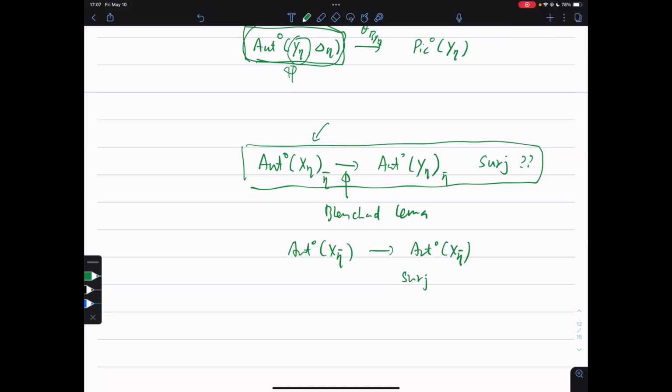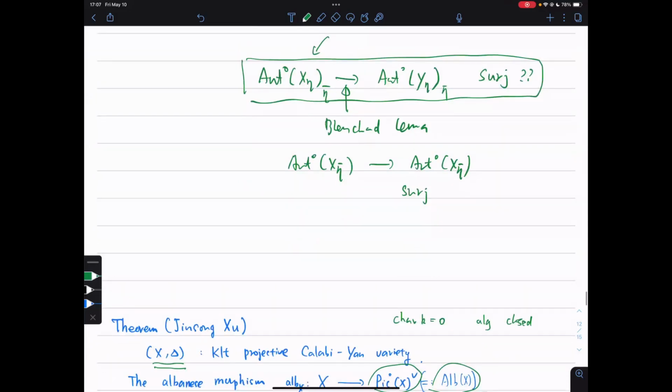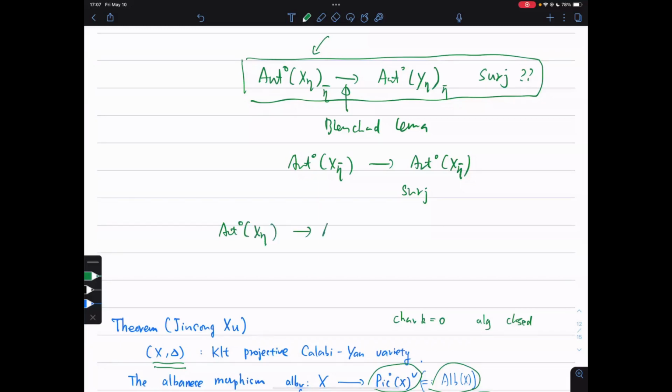Okay. Let me see. This part, actually, is not what I proved, but let me explain. I believe it's compatible, but let me explain what we prove here. We prove the following: Aut to Aut Y_eta, and then we take the Pic^0 of Y_eta.